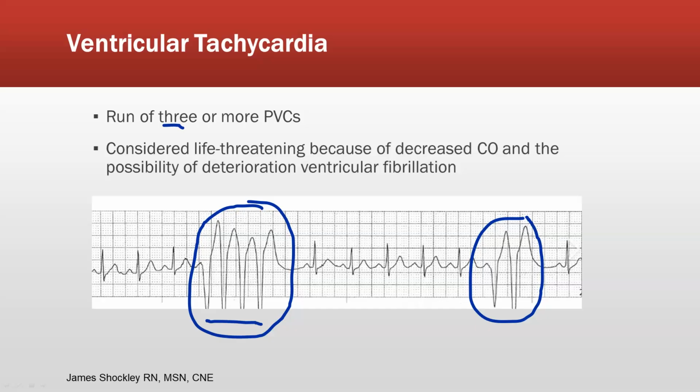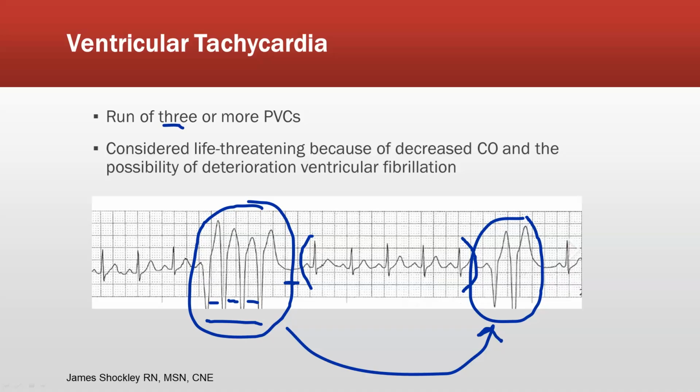It is a 4-beat run of ventricular tachycardia, and you know that rate during that 4-beat run is going to be very fast, because look how close together the QRSs are. Then what happens is you have a compensatory pause over here, and your heart starts beating in a rhythmic pattern once again until we have our next set of couplets.